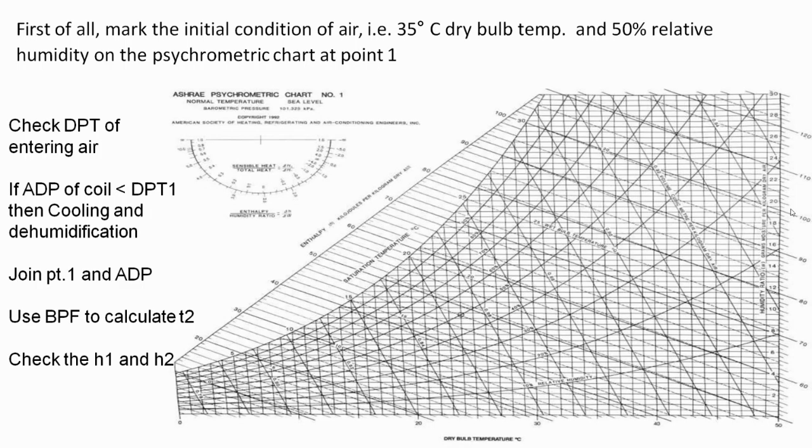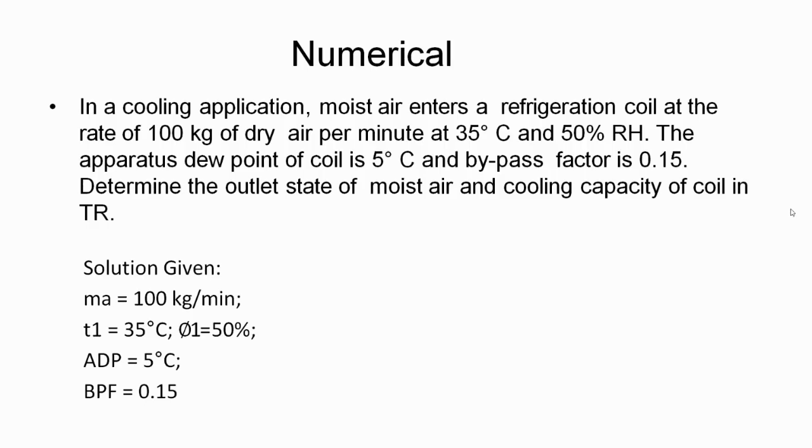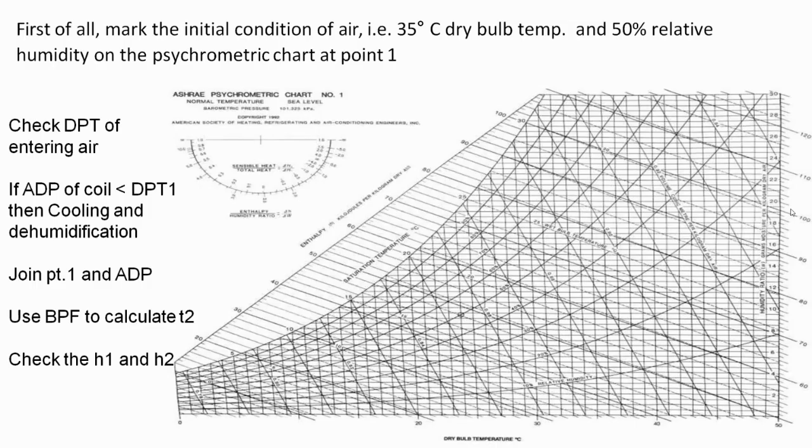Firstly, mark all the points on the chart. Here we have the inlet condition, so we draw point number 1 at 35 degrees Celsius and 50% relative humidity. The curved lines are relative humidity lines, so we can get the point here and draw point number 1.